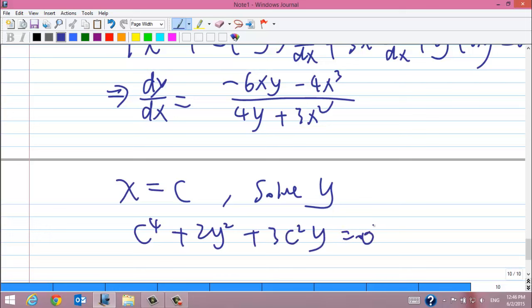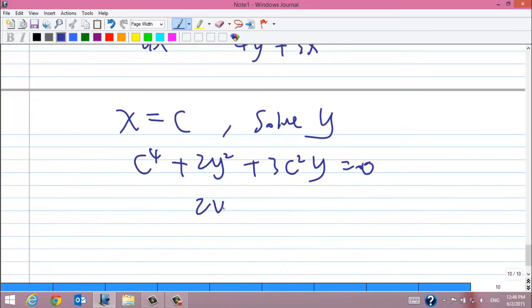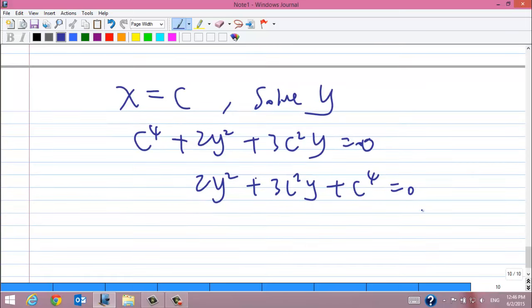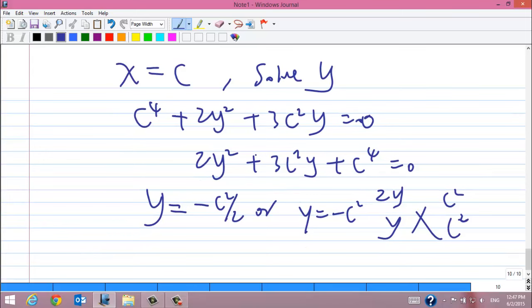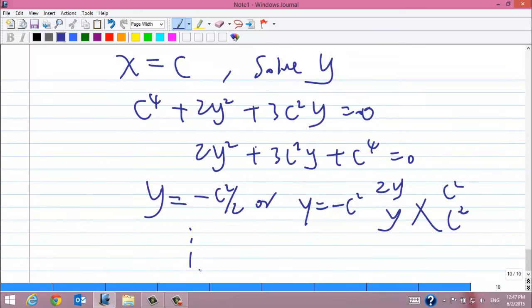So you solve the y, factorize again, so y equal to minus c squared over 2 or y equal to minus c squared. Then you need to sub x and y into dy/dx and solve the thing again. Okay, you go back and try the rest.